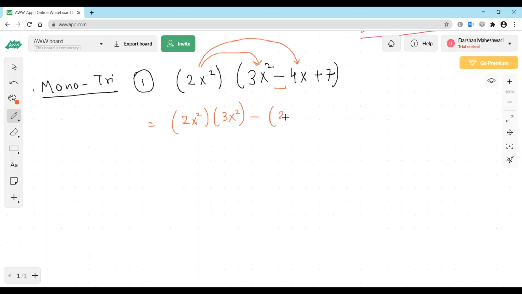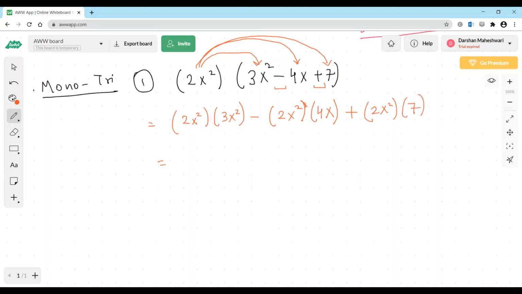So we have 2x square over here and we have 4x over here. This is the second term, and next term we have plus sign over here. So we have plus, with 2x square multiplied by 7. So we have 2x square over here and 7 over here.